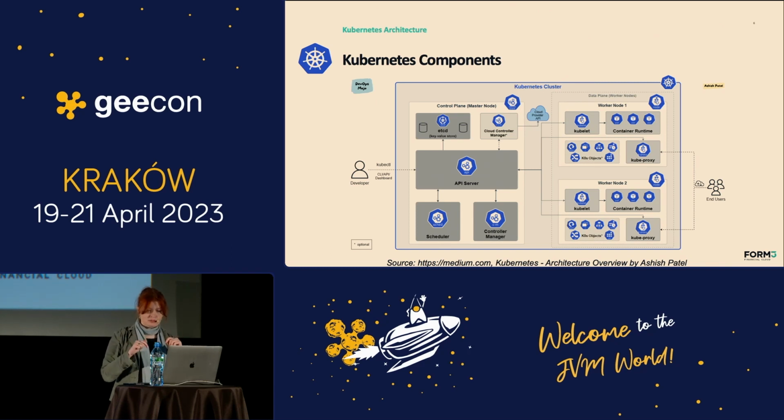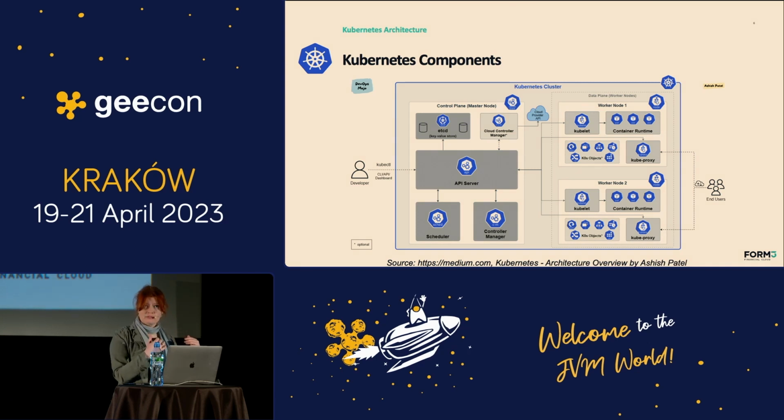Worker nodes, on the other hand, are the place where the real work happens. The actual pods run over there. So the main component here is kubelet. Kubelet runs on every node and is responsible for instantiation and execution of pods on a given node.